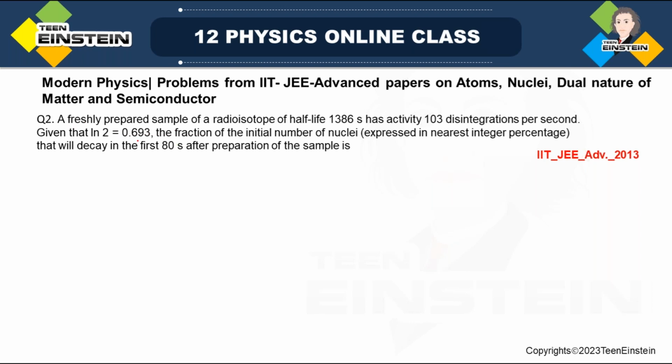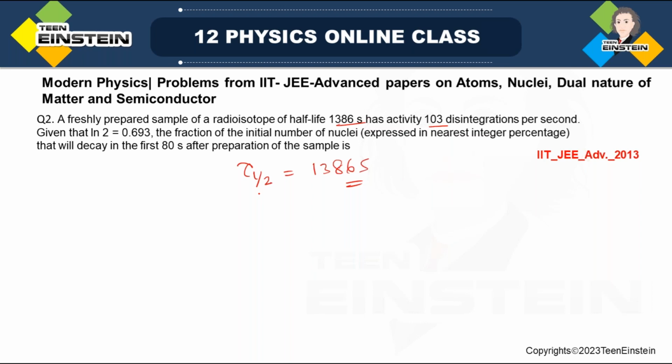So this is from nuclear physics or nuclei. A freshly prepared sample of a radioisotope of half-life T half is 1386 seconds. Activity is given as 10^3.